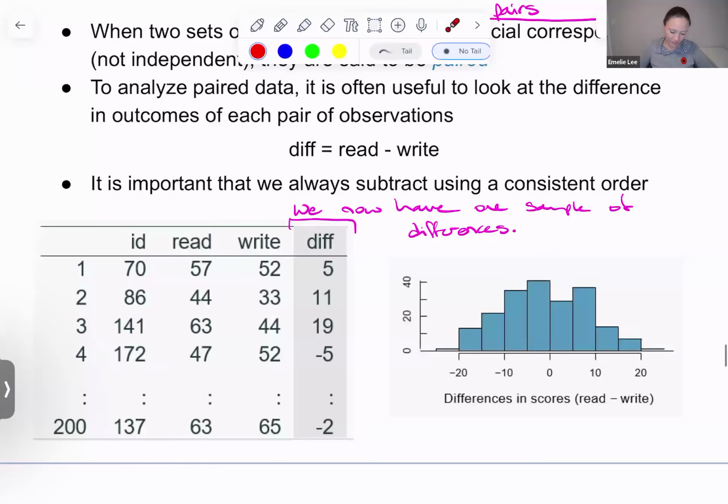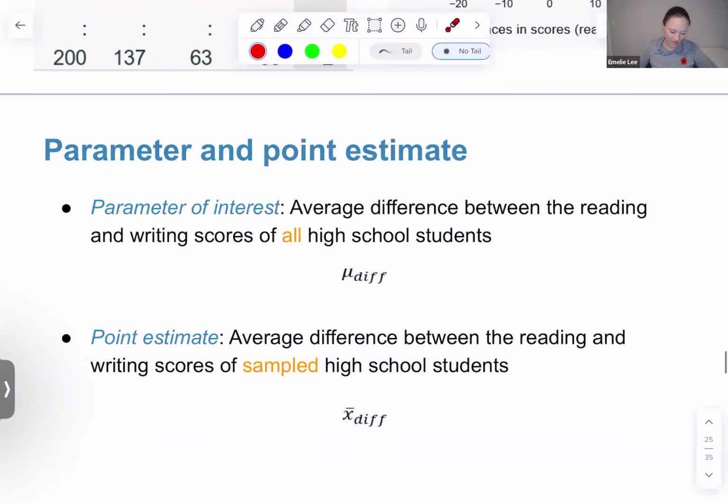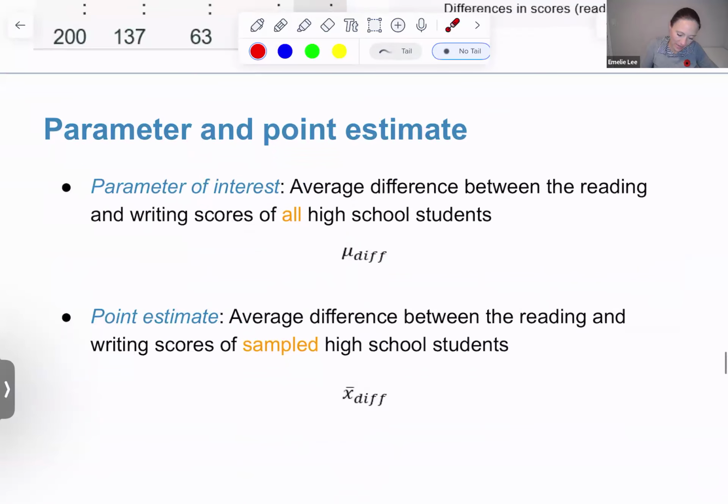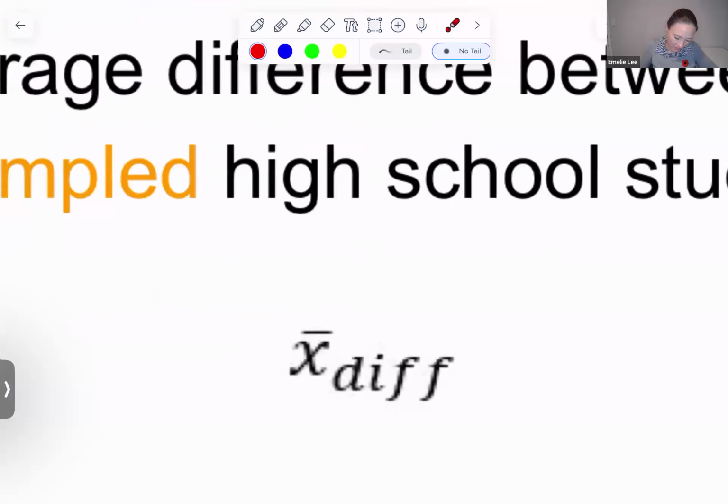Our parameter of interest, the thing from the population that we're interested in, is going to be the average difference between the reading and the writing scores of all high school students. How we denote that is with a mu diff. The point estimate is the average difference from the sampled high school students, and we denote that with x bar diff.